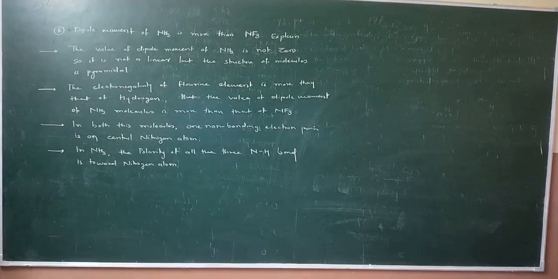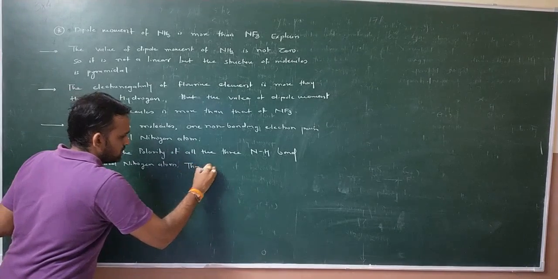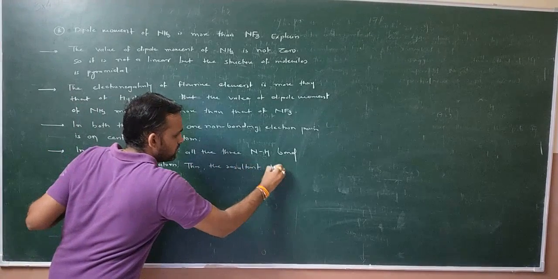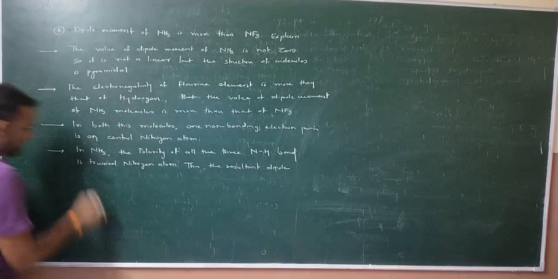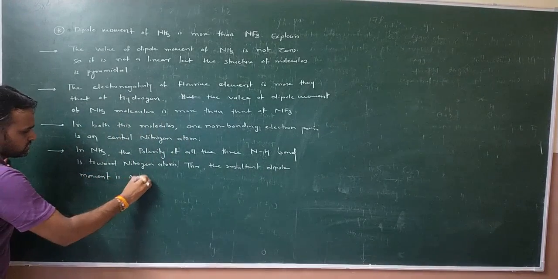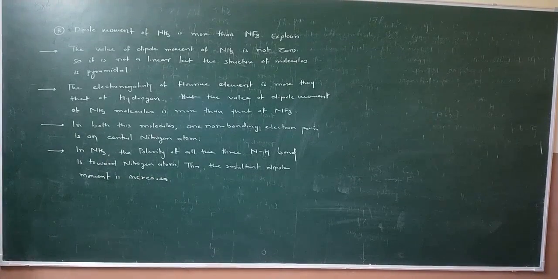So we can say that the polarity of the three bonds is concentrated on the central nitrogen atom, so the resultant dipole moment is increased, right? Is it clear?